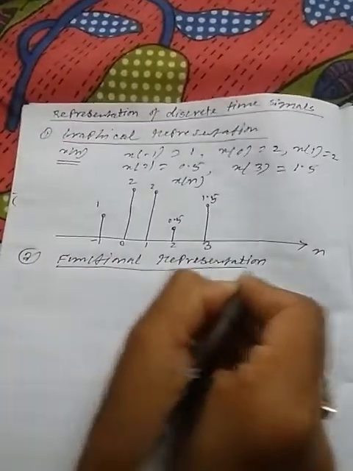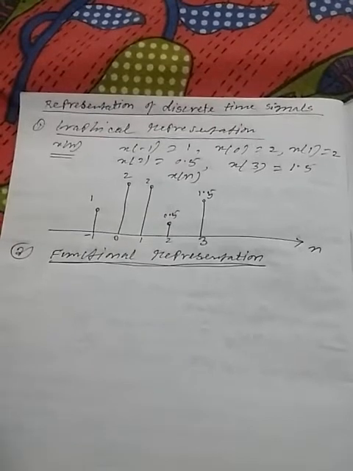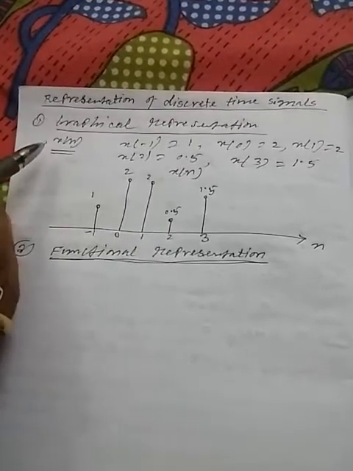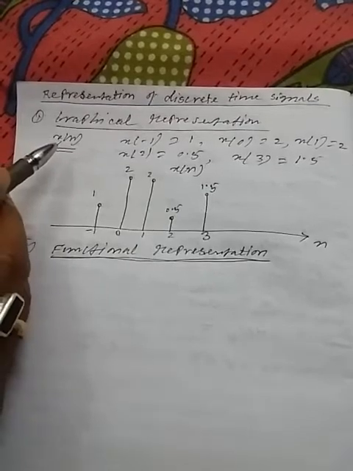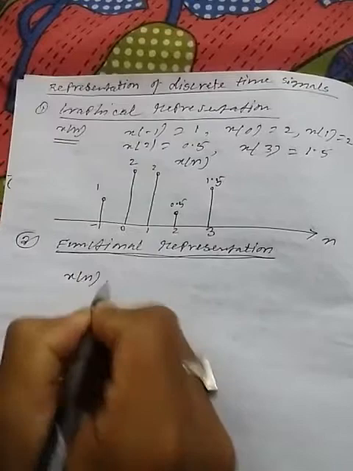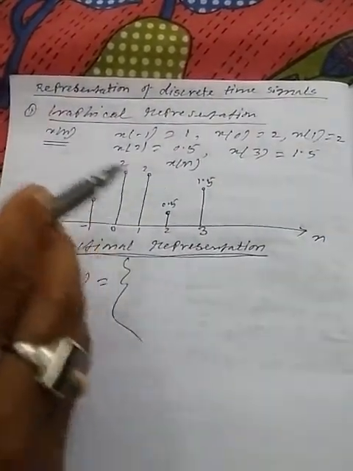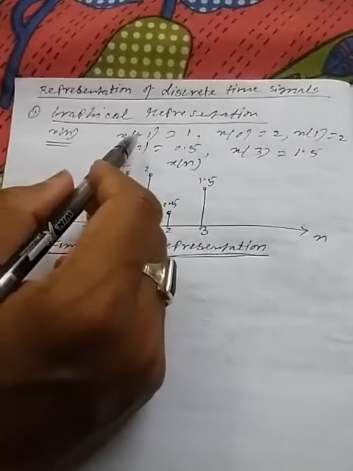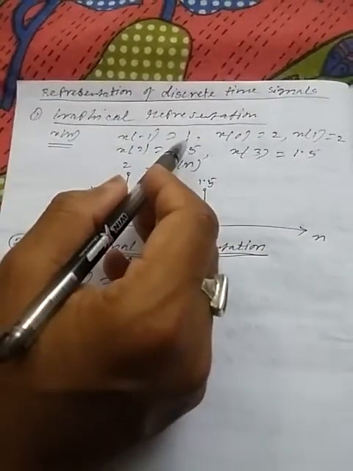If we want to represent this signal x[n] in functional form, then it can be written this way. When n equals -1, then x[n] equals 1.